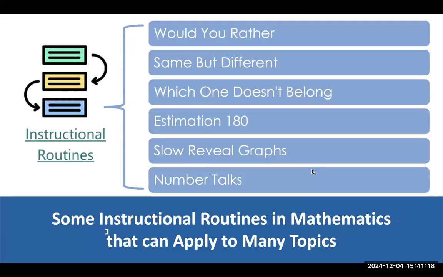So I've got a list on the screen right now of ones that can be used across topics. The would you rather, same but different, which one doesn't belong, estimation 180, slow reveal graphs, and number talks are ones that you can really think about using from topic to topic.